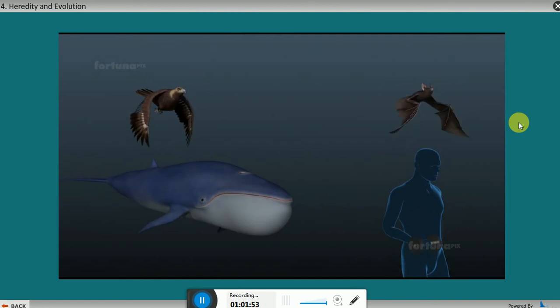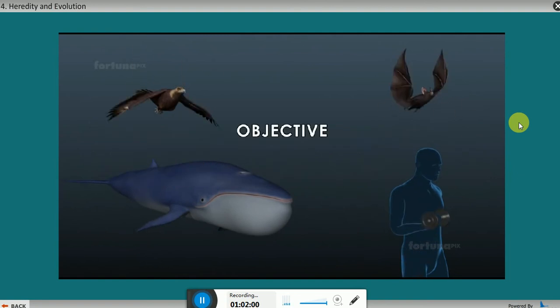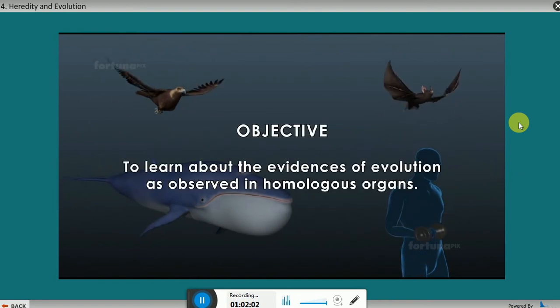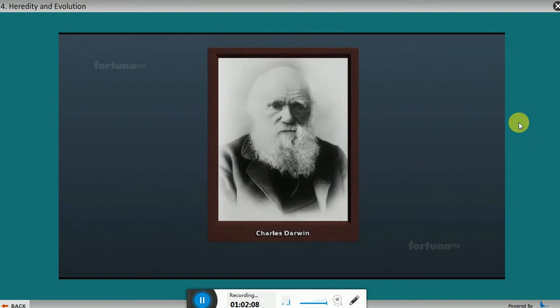Evidences of evolution, homologous organs. Objective: to learn about the evidences of evolution as observed in homologous organs. Charles Darwin proposed that living organisms have been evolving on Earth for millions of years.